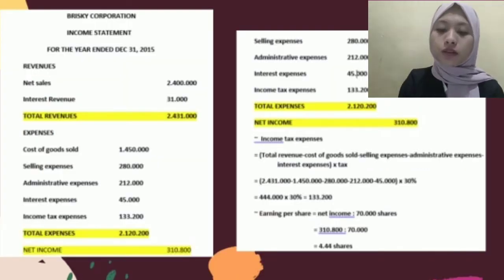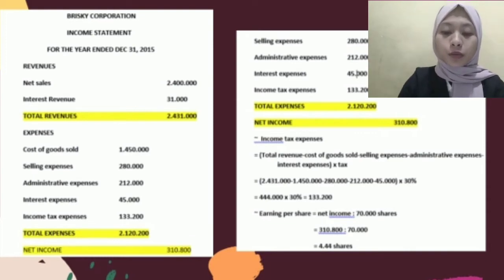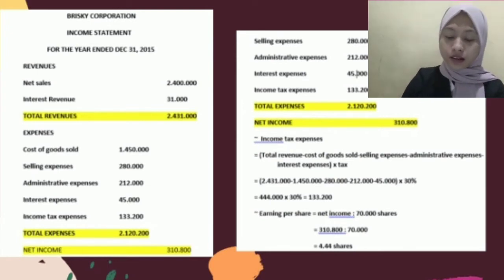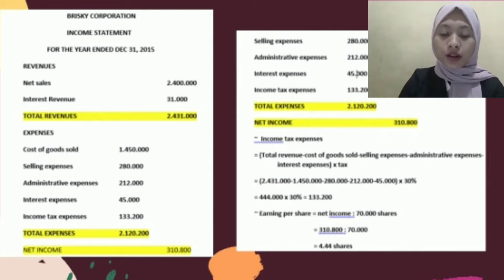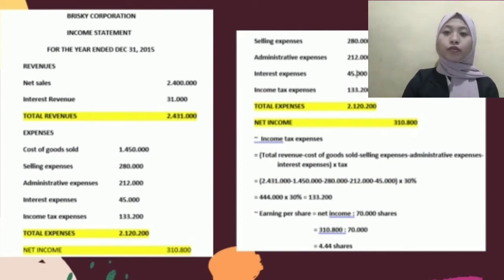Okay, now let's make an income statement. Brisky Corporation income statement for the year ended December 31, 2015. Revenues: net sales of $2,400,000. Interest revenue, $31,000. And total revenues is $2,431,000. For expenses: cost of goods sold, $1,450,000.